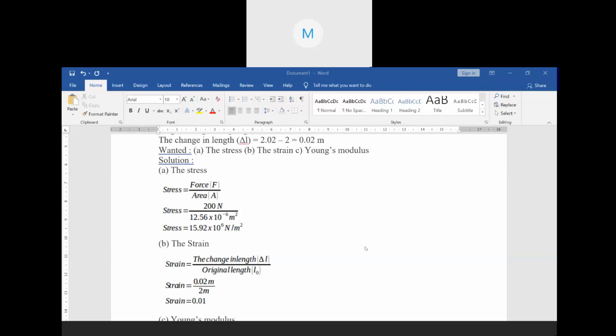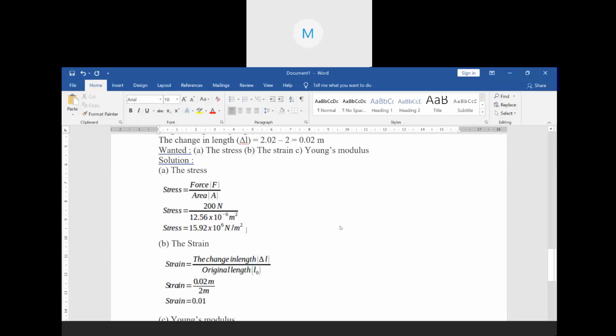Your answers are correct, but you have to convert it, not mm square. If you write it in Newton per mm square, it won't be accurate. You have to convert it into meter, because the area is always in meter in stress.